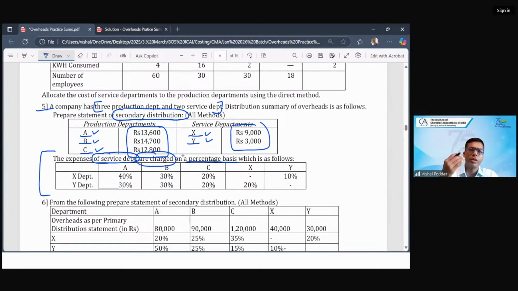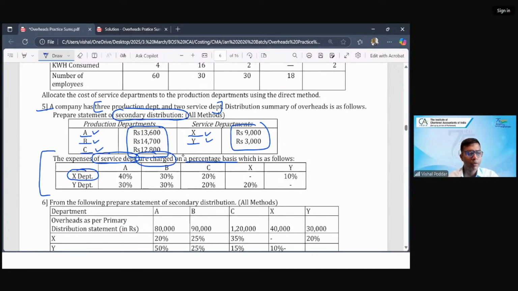Now, the ratio was either number of employees, machine hours, or area. So here also you'll require some ratio. Now, how is this ratio given? They are giving ratio like this. So what they are saying, the expenses of X department, which is one of your service departments, is divided between all the departments in the ratio of, or the percentage of, services given by X to others.